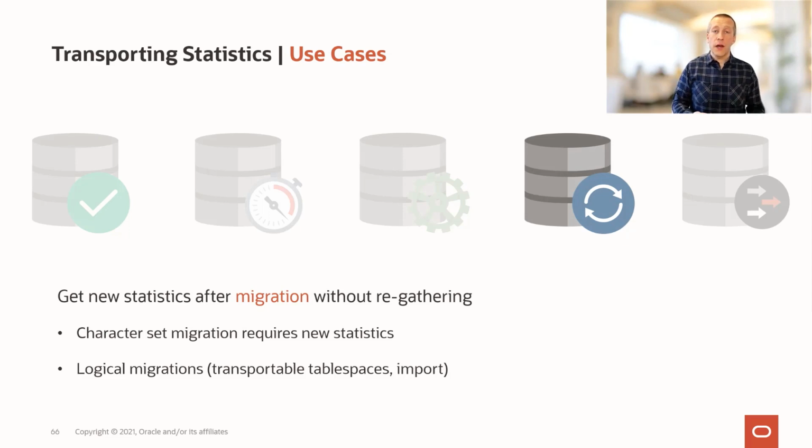Especially if you're doing character set migration, we strongly recommend that you delete your statistics and regather. But in a very narrow downtime window, that might not be possible. So you can take the statistics from a 100% similar test database and move those into your production database to get new and fresh statistics.